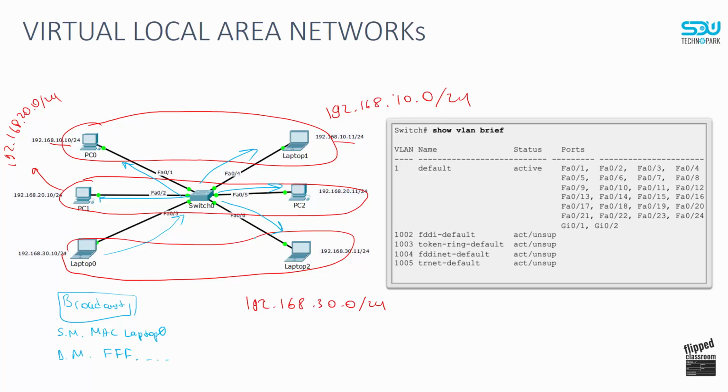so that as you see, laptop 0 is on the same IP network as laptop 2 only, but laptop 0 is able to send information to PC1 and to all other equipments if it is a broadcast communication.